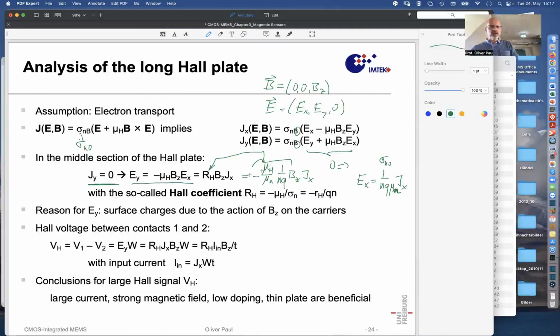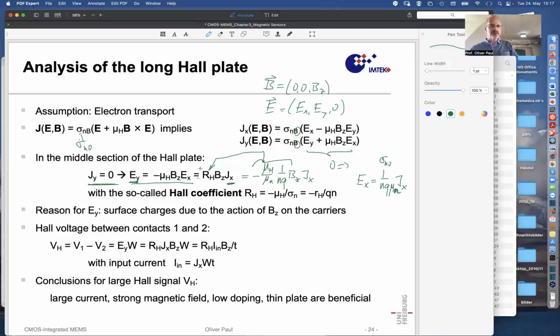So this R is kind of a quantifier of the effect. How much perpendicular field will we get? Because that is the message here. We have a current in the X direction, and we get a field perpendicular to that original X direction.